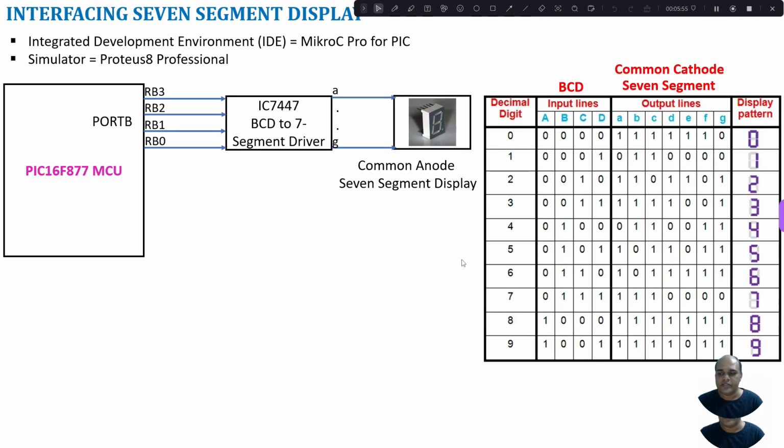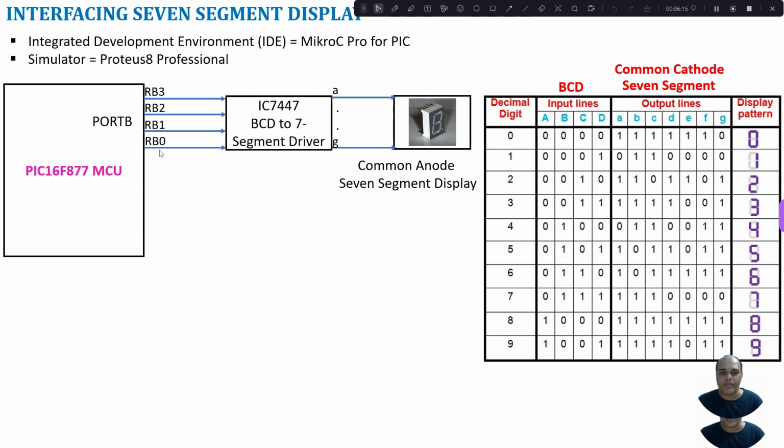In this application, we are going to connect a 7 segment display to a microcontroller with the help of an IC7447 BCD to 7 segment driver. I am going to use the lower part of port B, RB0 to RB3.